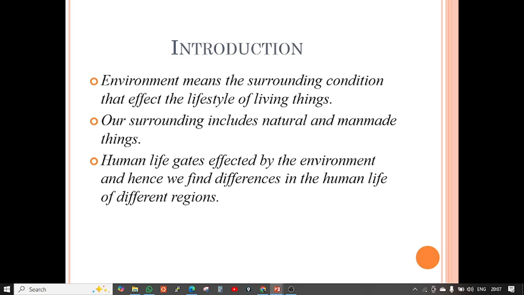Environment means the surrounding conditions that affect the lifestyle of living things, which includes natural and man-made things. Human lives get affected by the environment, and hence human life differs across different regions, depending on the environmental conditions and these interactions between the environment and human behavior.